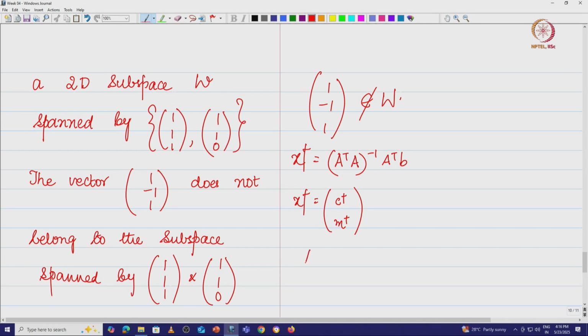Okay, so what is A transpose A in the first place? First of all, let us figure out what the matrix A is. The matrix A is with columns (1, 1, 1) and (1, 1, 0).